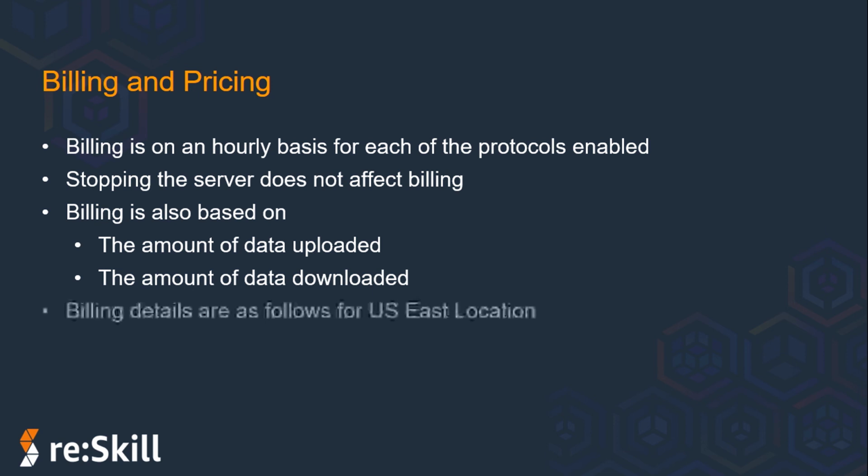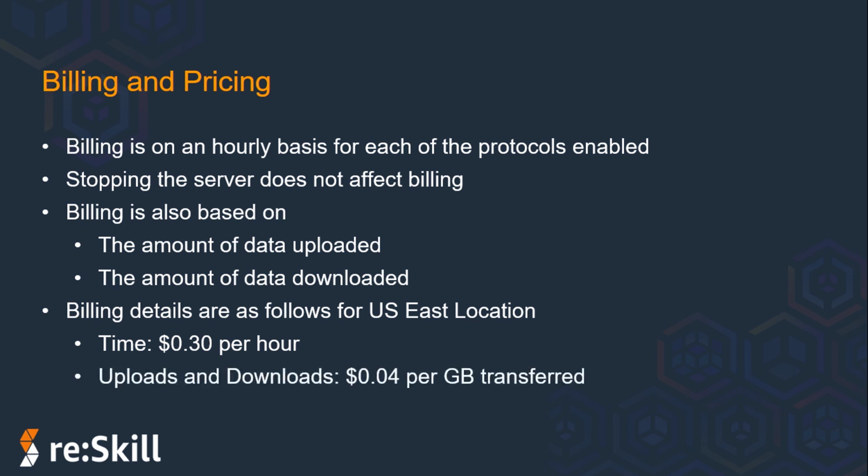Billing details for the US East location, just to give you an idea: it is $0.30 per hour, and for uploads and downloads it is $0.04 per GB transferred. That's a minimal, genuine pricing. So you can read more details about the pricing for Transfer Family in the pricing documentation to get even more details.